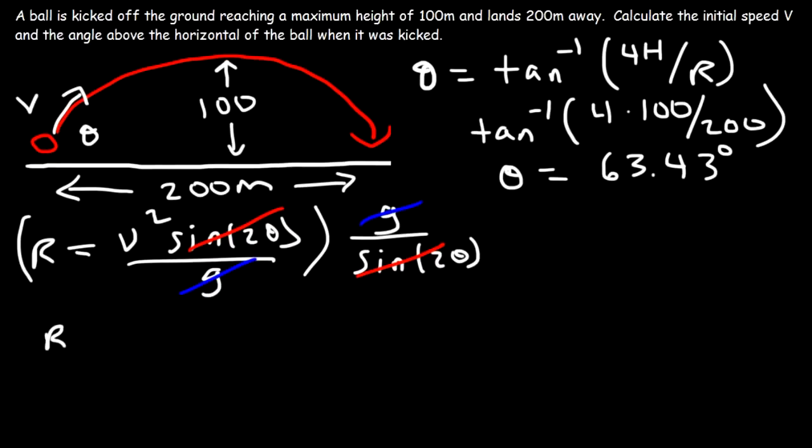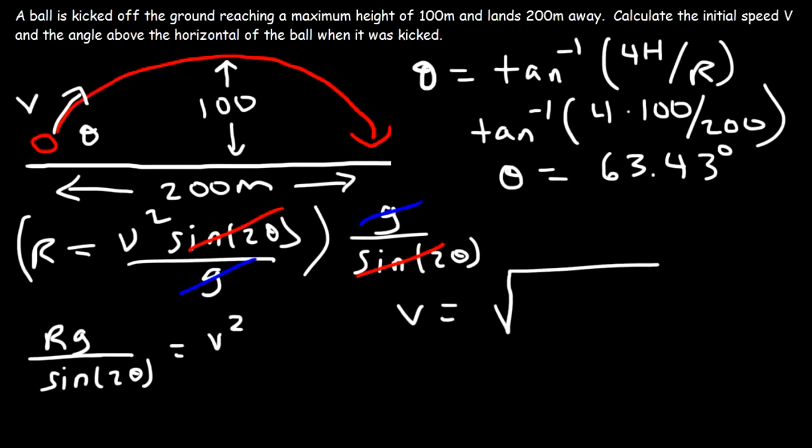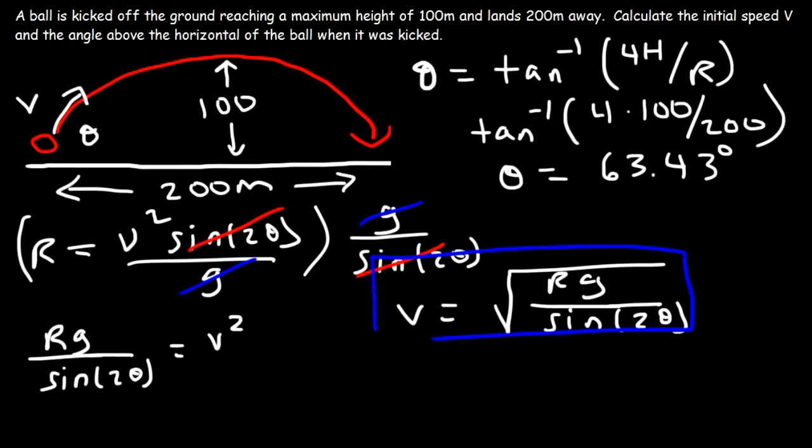And so rg divided by sine 2 theta will equal v squared. So v is basically the square root of rg divided by sine 2 theta. So if you have the range and you know the angle, you can calculate the speed.